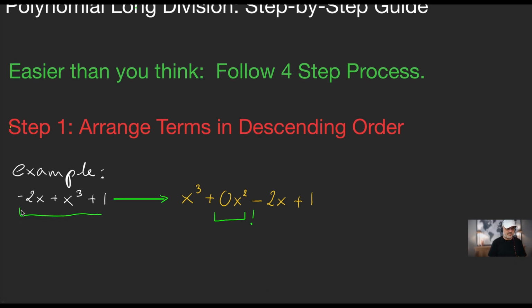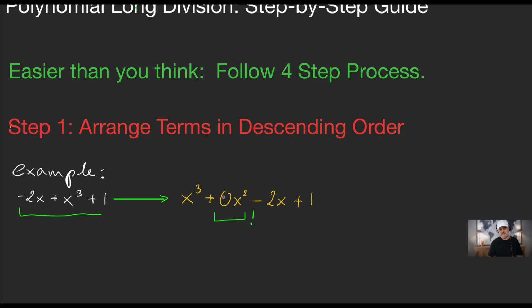So in this example, you see negative 2x plus x cubed plus 1. You see that this is the highest degree term, so it's going to show up first. The next term would be the second degree term, which is not present here. So I'm purposely introducing a placeholder for the second degree term with coefficient 0, because 0x squared is 0.